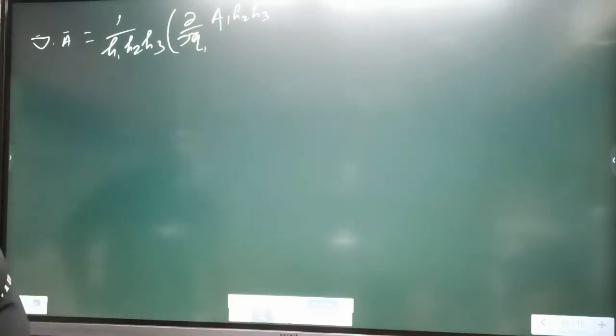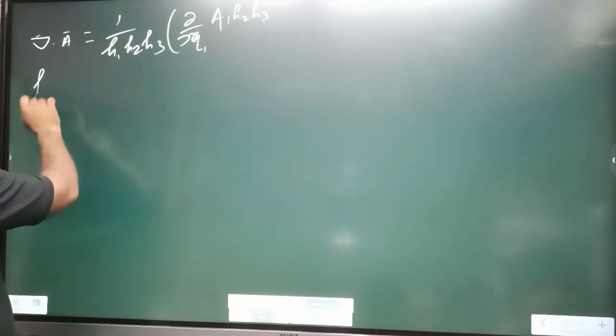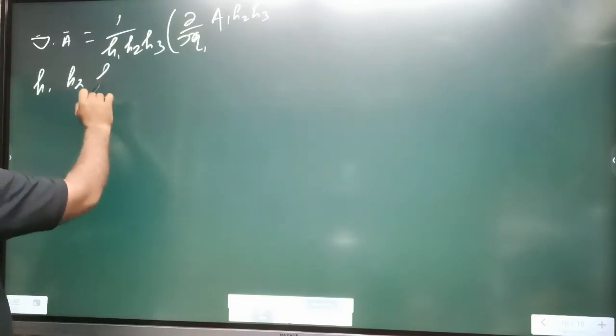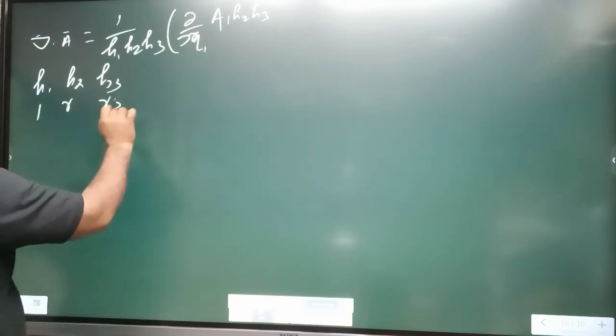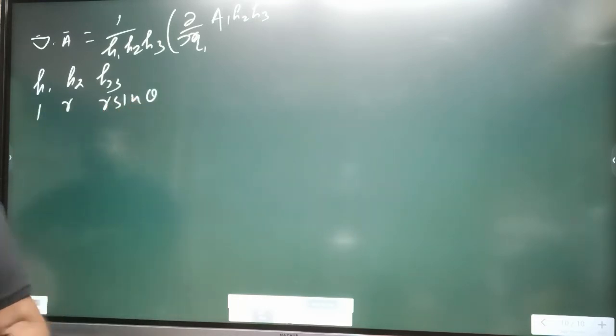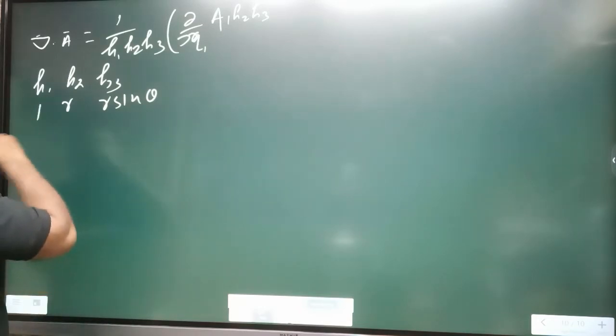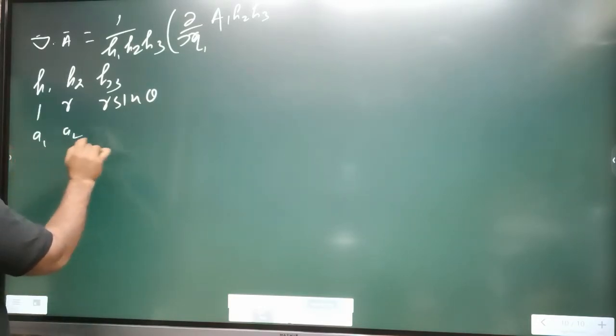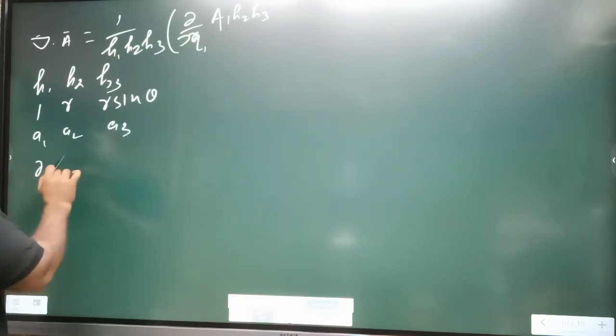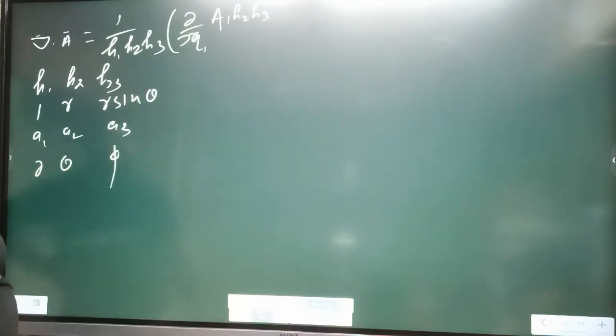Okay, our system is spherical, so what are h1 h2 h3? h1 h2 h3 is equal to 1, r, r sin theta. And what are q1 q2 q3? r, theta, phi. Okay, what is the general formula here?